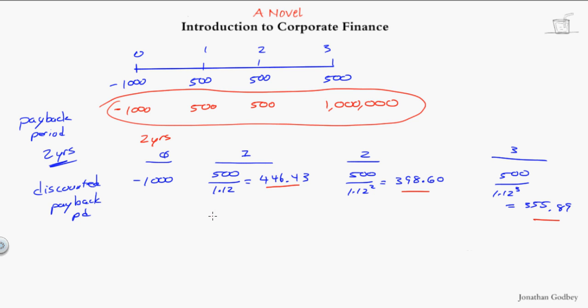So I say, how long does it take to get my $1,000? At year 1, I have 446. At year 2, I have 446 plus the 398. I wrote the number down wrong, so I can do the math here.